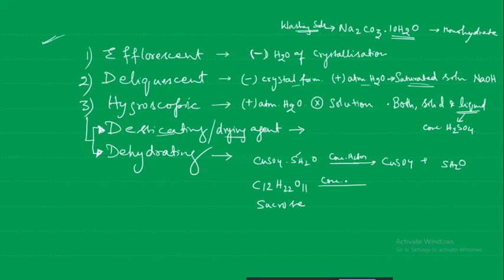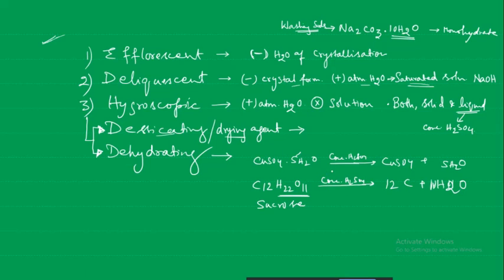If you treat it with sulfuric acid, a dehydrating agent, it will remove all the chemically bound water. Can you see this? H22O11 is almost like the H2O formula. Just divide by 11 and you get H2O. So 12 carbons and 11 H2O will come. Dehydrating, it is removing.